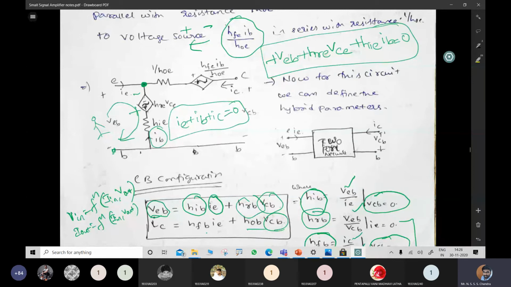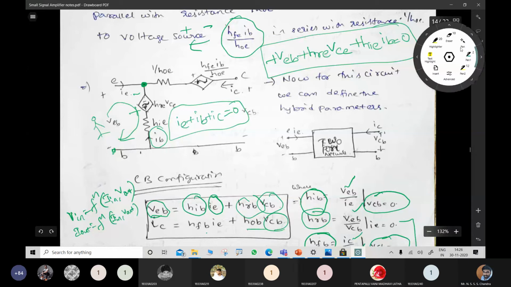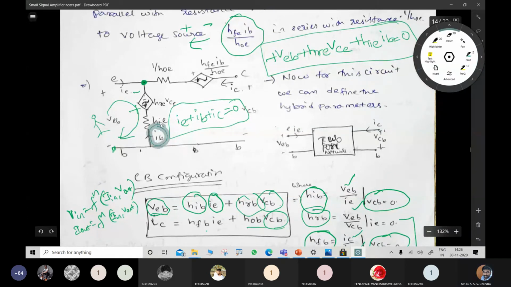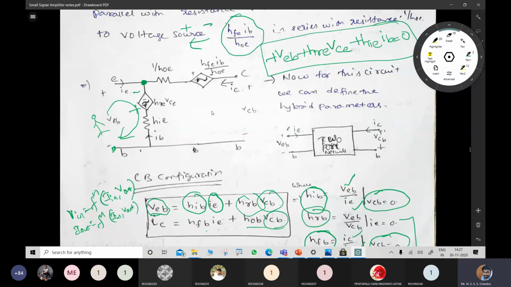Now can you similarly write for the output circuit? For the output circuit, what will be the KVL equation?